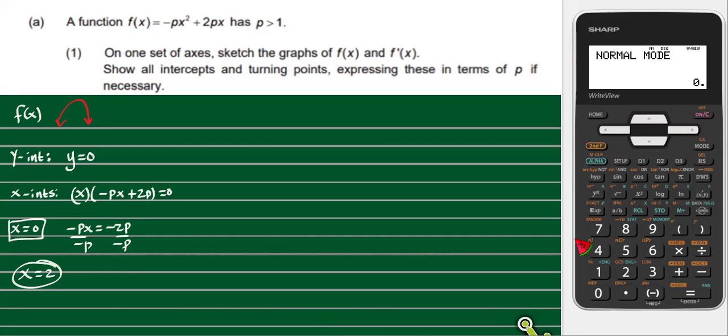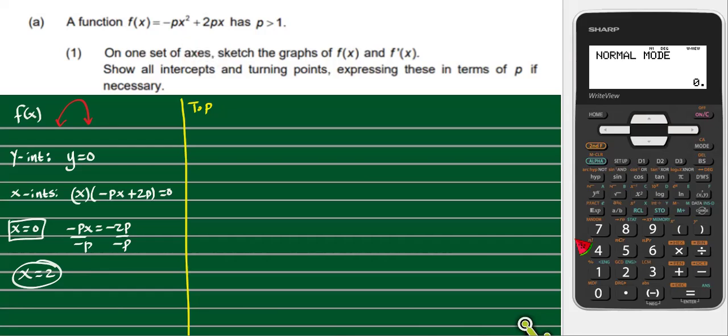All right, now you want the turning point. You can get that by derivative. Let's do that because you are used to it, or you can use minus b over 2a, but let's do it by derivative.